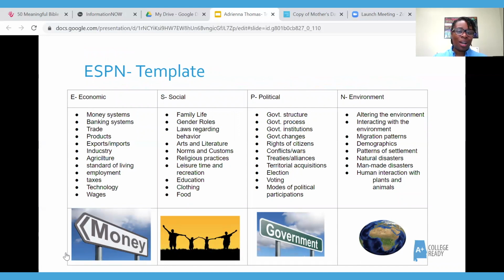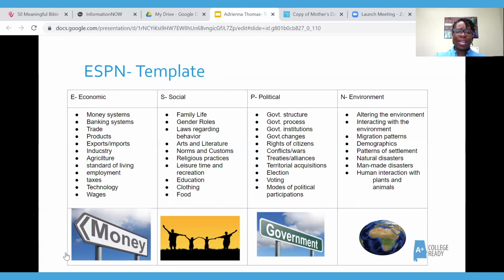You must become familiar with this because when you're giving your students the template, they're going to ask you, what does economic mean? What are you talking about with political? So on this chart, you can use this to give them some examples to connect with what reading resource you're going to give them.